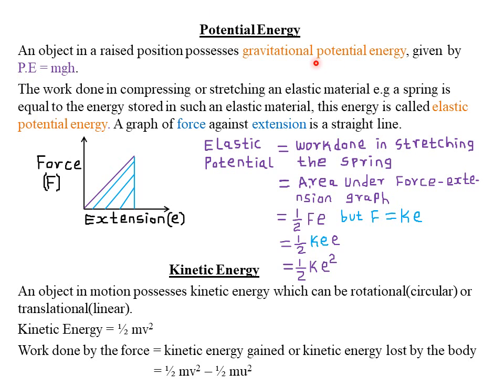And remember, when that water flows from that raised position, all the gravitational potential energy will be converted to kinetic energy, that is energy in motion. So the larger the gravitational potential energy, the larger the kinetic energy that will be produced. Remember that you can never create nor destroy energy.